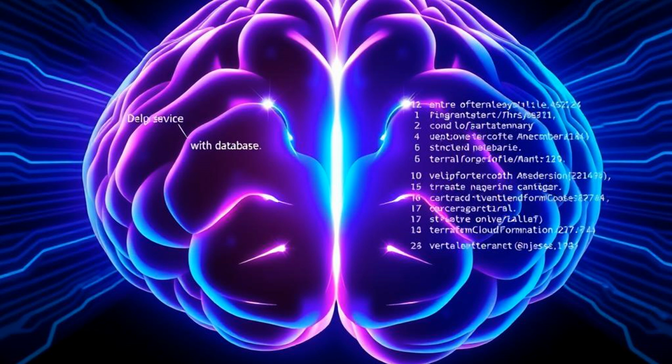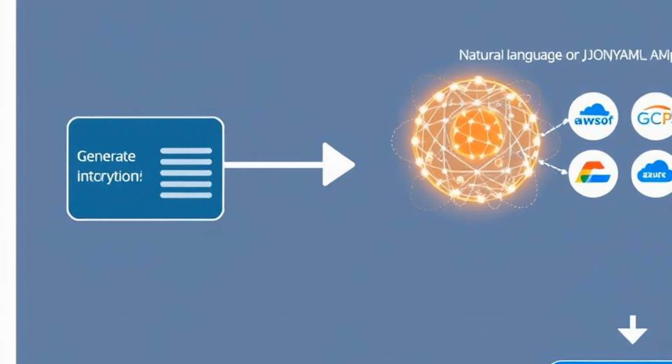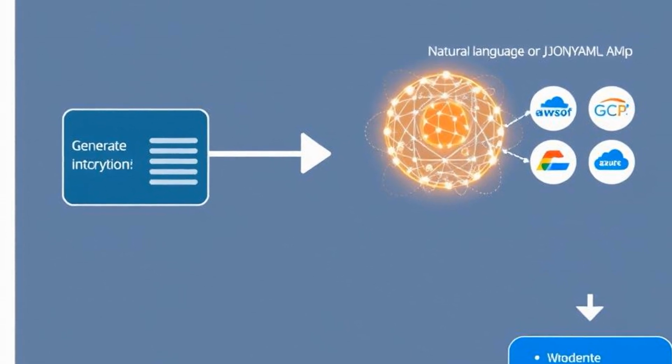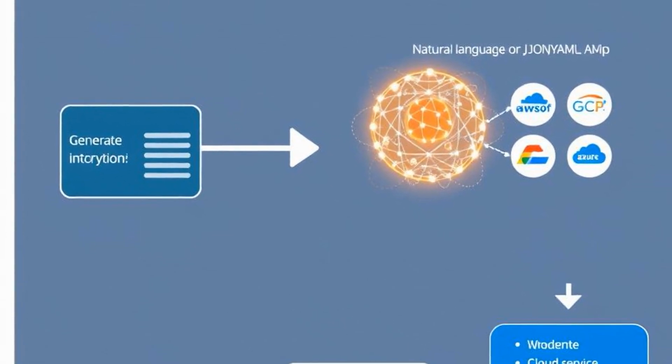So, how does this magic happen? At its core, generative AI for IAC works by taking your high-level intent, whether it's natural language, a structured JSON, or YAML configuration, as input. The AI model, trained on vast datasets of existing IAC templates, cloud provider documentation, and best practices, processes this input.